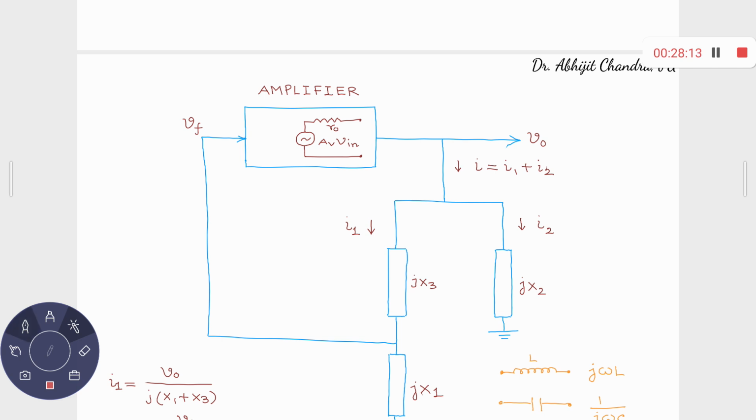So if your initial input is something like that, then after one iteration it will be something like this. The same thing, no change. No phase reversal, no gain, no attenuation. So this VF upon Vin must be equal to unity.